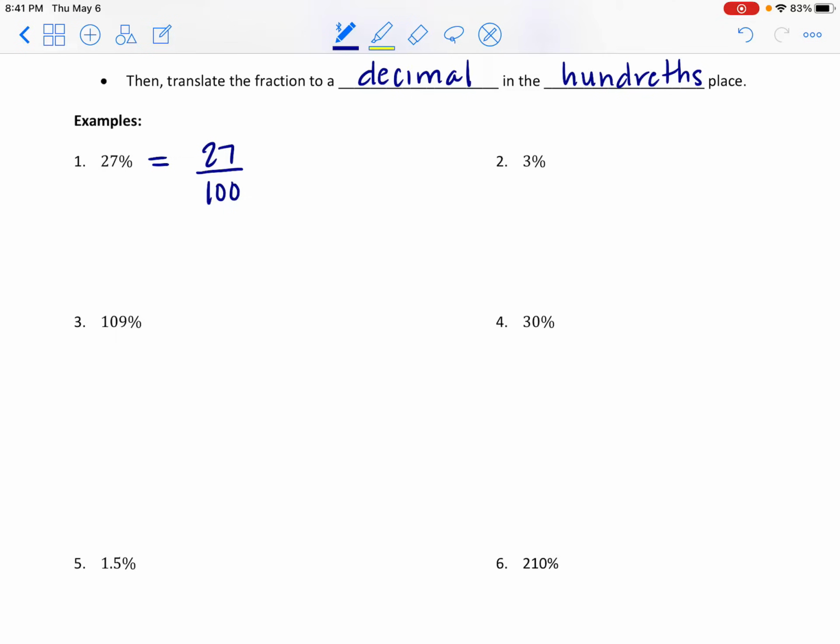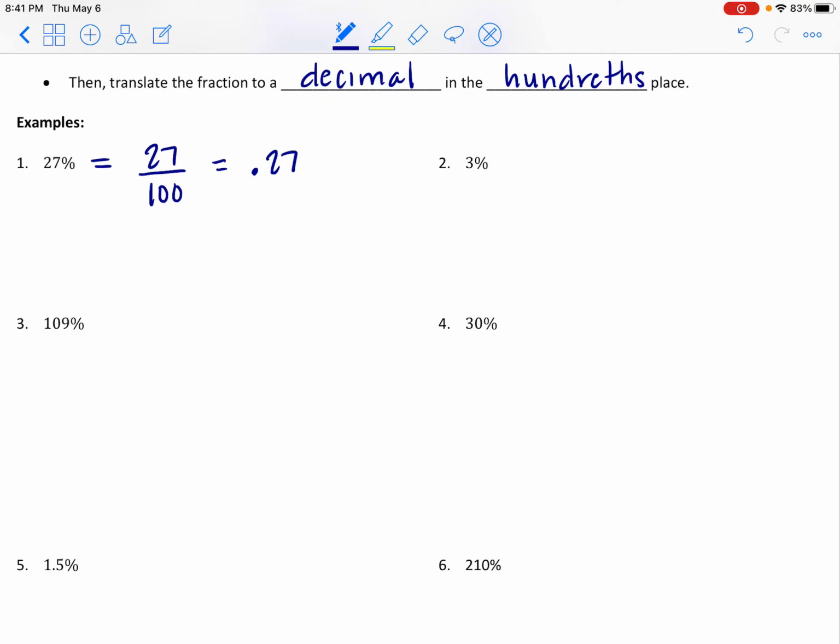So if I wanted to make this a decimal, this would be 27 in the hundredths place of the number. So again, 27 in the hundredths place is our decimal.